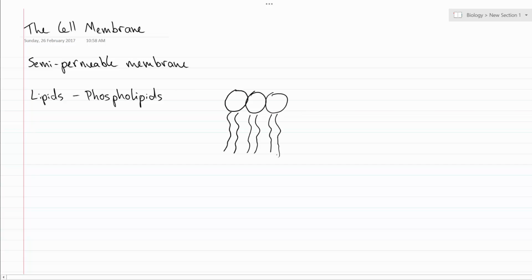So if we just focus on one of these lipids, if we were to label this the head, label this the tail, there's one distinct difference between the head and the tail, which helps give our cell membrane a very particular structure. The head of a phospholipid we term hydrophilic, and the tail we term hydrophobic.